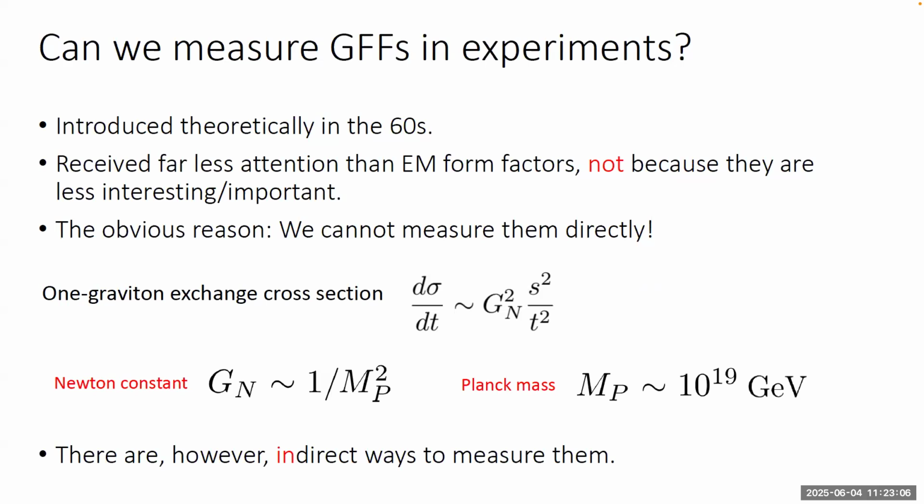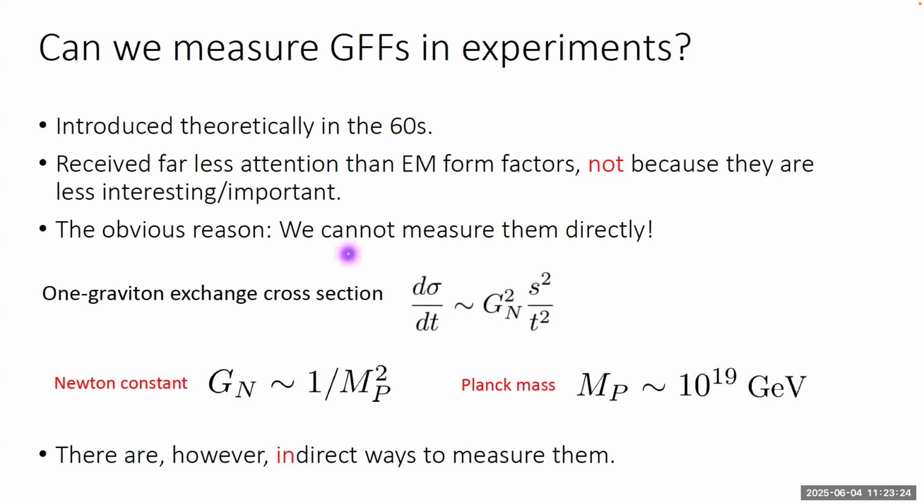But this is an illusion. If you look at this constant here, G_N, a capital G, is the Newton constant. And I remind you that the Newton constant is basically 1 over the Planck mass squared.